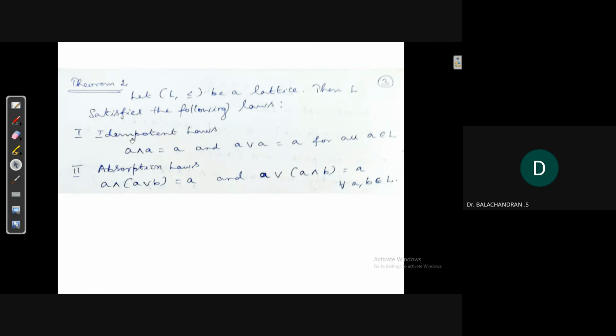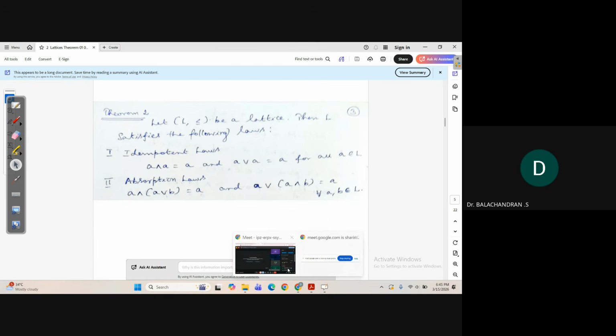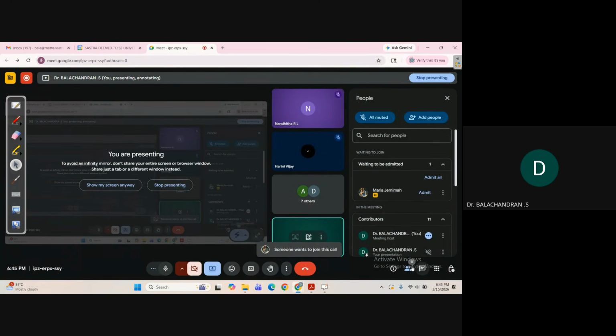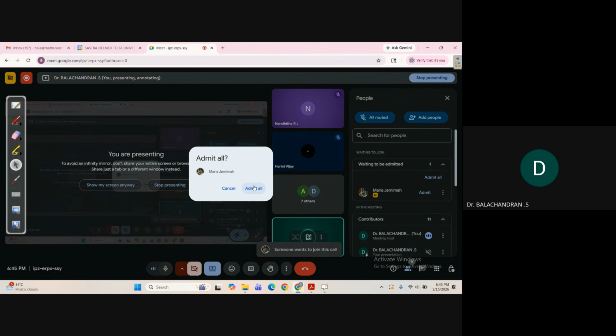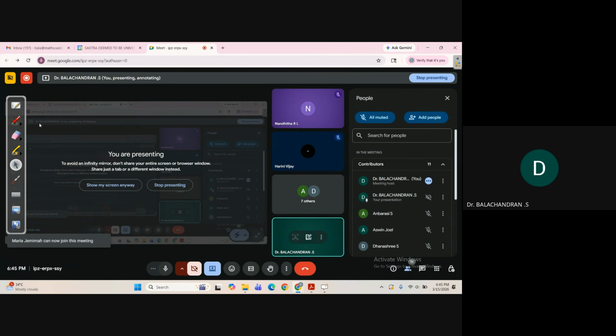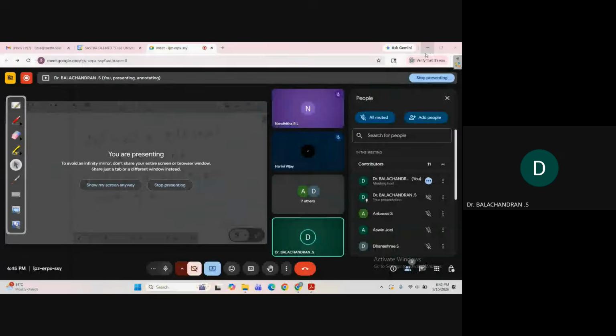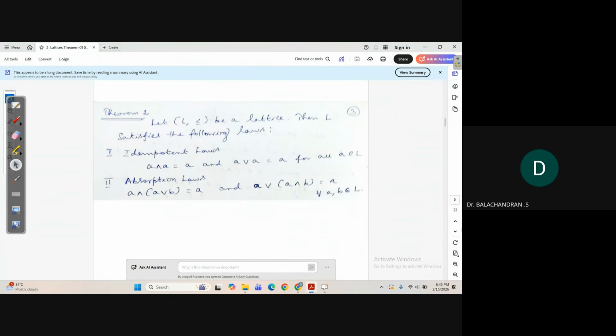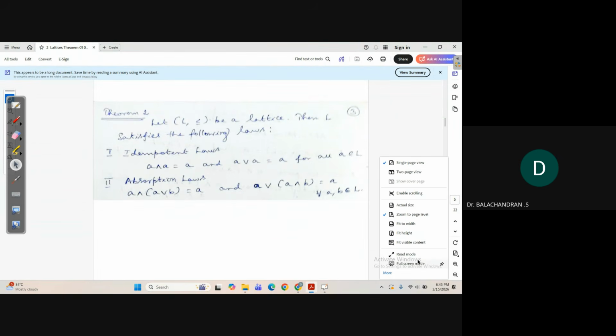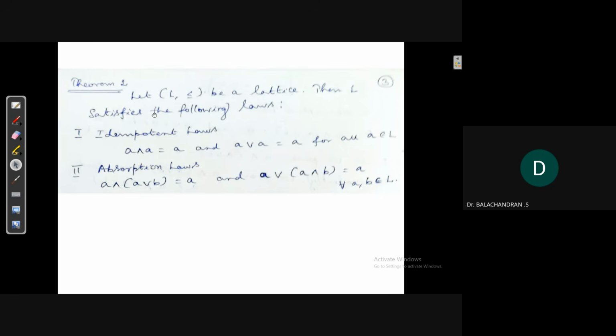In the second theorem we will discuss idempotent, and we are going to prove the idempotent law and the absorption law.